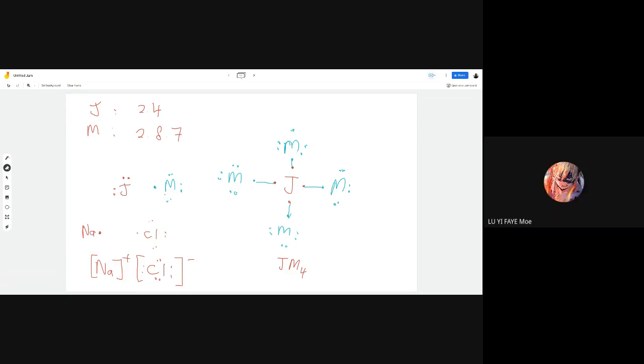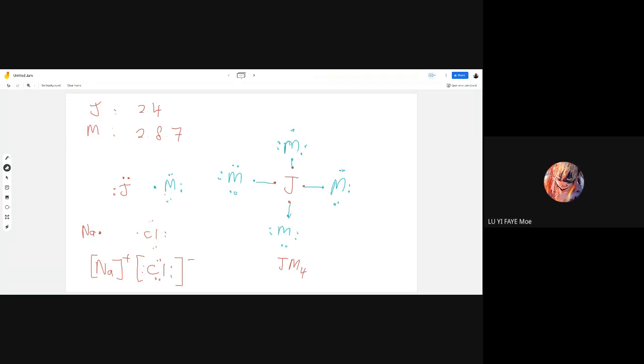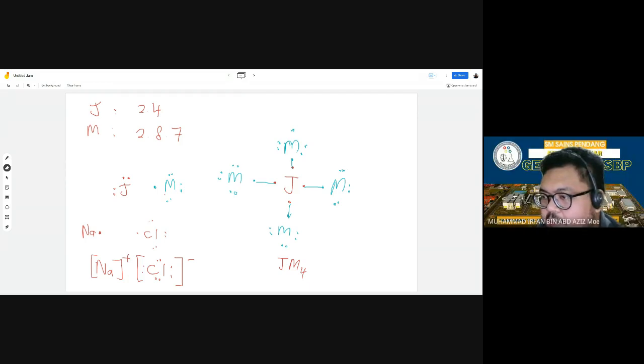Dia tak nak terima that kind of chemotherapy or radiotherapy. Okay, Google lah about Pauling ni. Julius Pauling, I guess. Dia menang Nobel Prize. Linus Pauling. Okay, Linus Pauling. Nama dia.